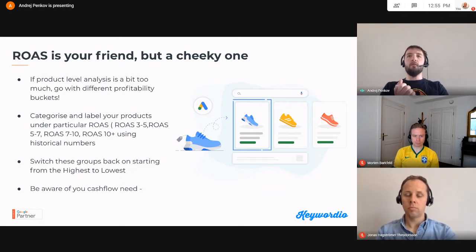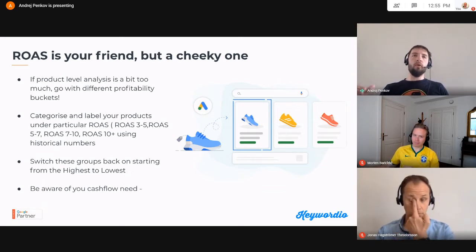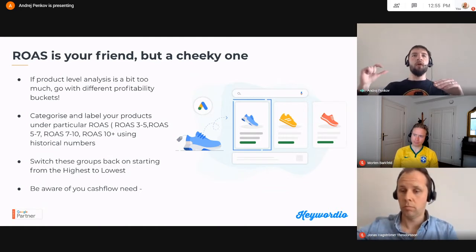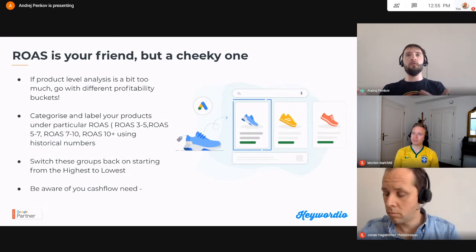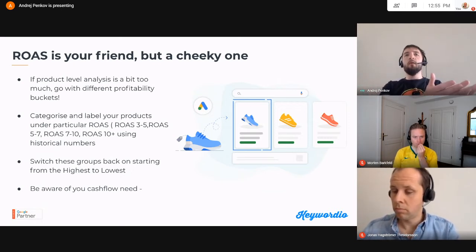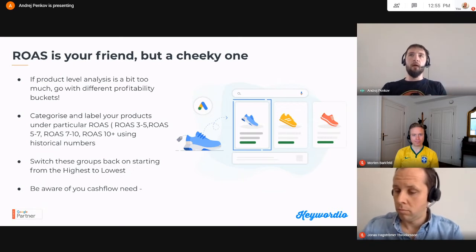And obviously, if you've cut the budgets before and now you've arrived at the stage when you can start enabling them back on, you should go with a kind of waterfall approach and start where you get the best ROAS first. It makes sense. You want to give the money to the channel, or a product, which is going to give you the most back.